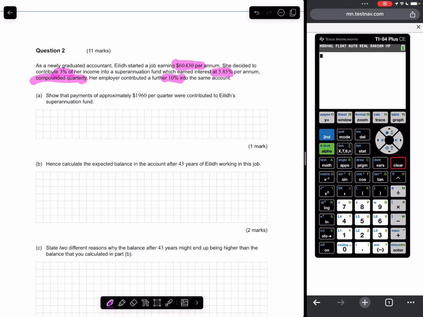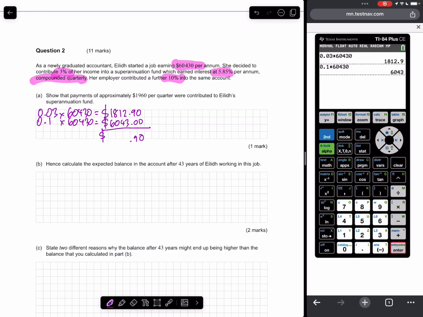A lead does 3%, so 0.03 times 64,300 is $1,812.90. The employer does 10%, 0.1 times 64,300 is $6,430. Total $7,855.90 per annum. Per quarter, $7,855.90 divided by 4.